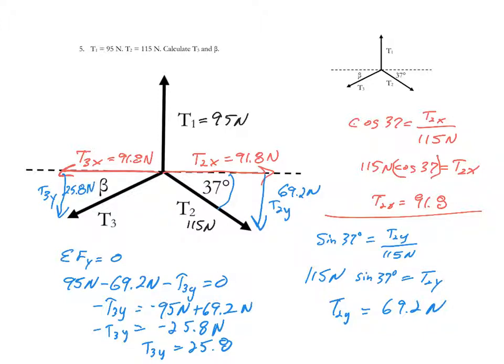Now I've got an a squared, b squared to get T3. So 91.8 newtons squared plus 25.8 newtons squared equals c squared.